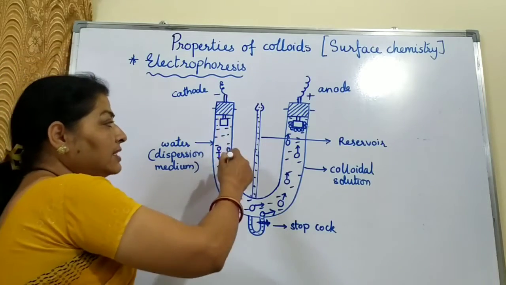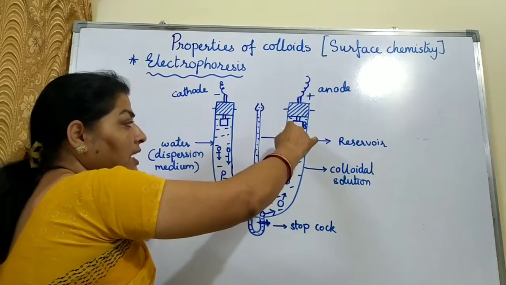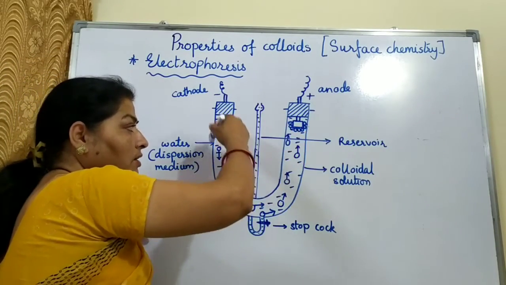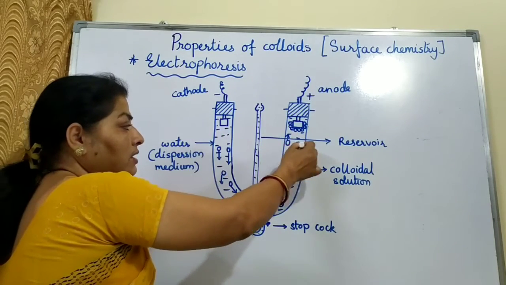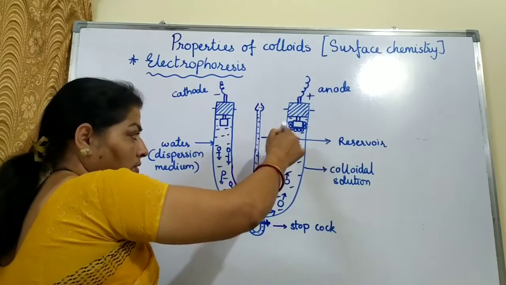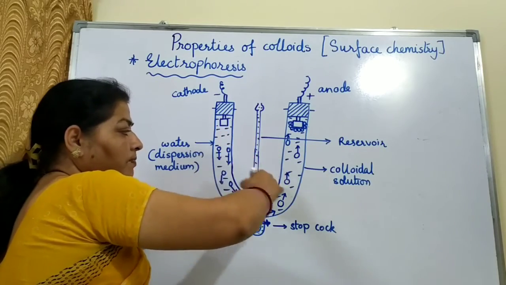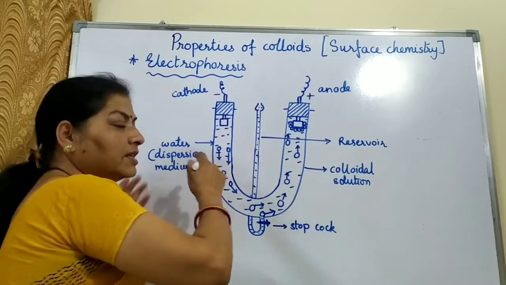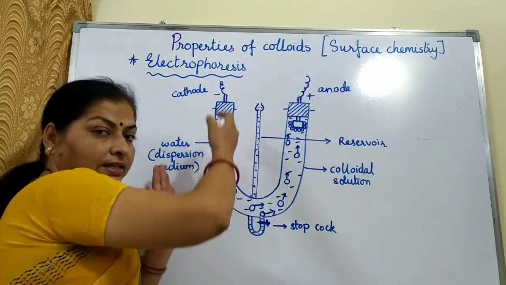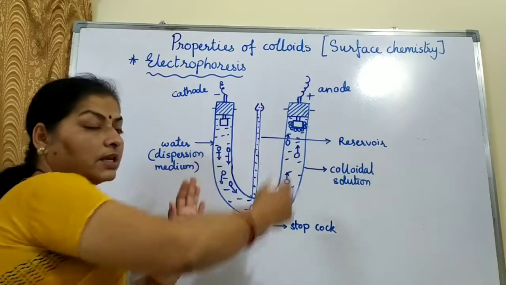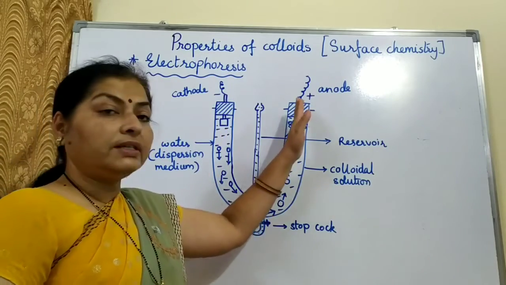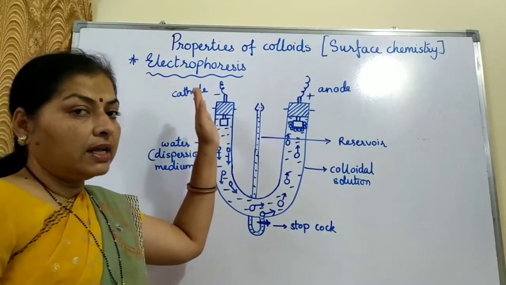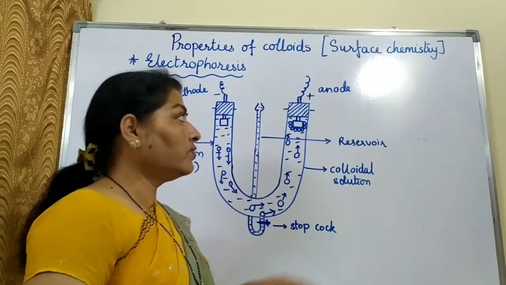This movement can be seen by the increasing or decreasing height of the solution in either of the arms. The length of the colloidal solution in one arm may be less and in the other more. As the particles keep moving, the height of the arms will change, and so we can know whether they are moving towards the anode or the cathode. So this is all about electrophoresis.